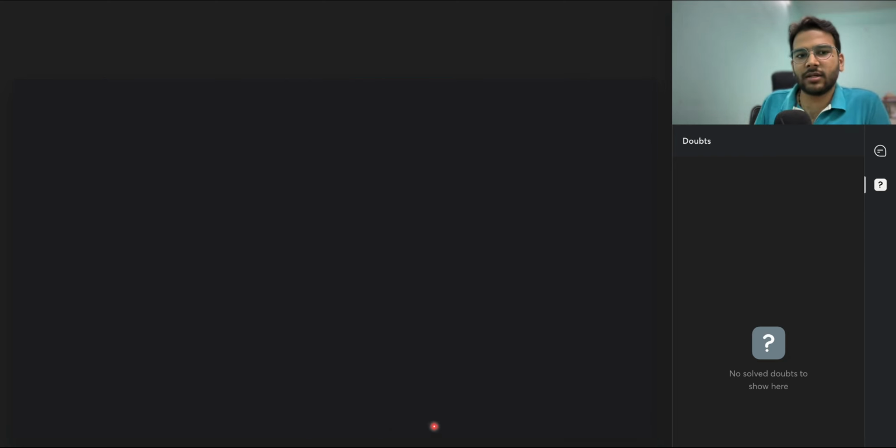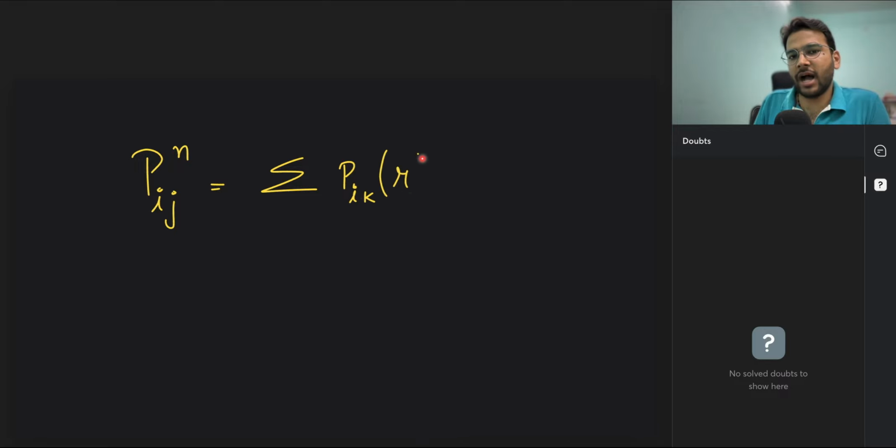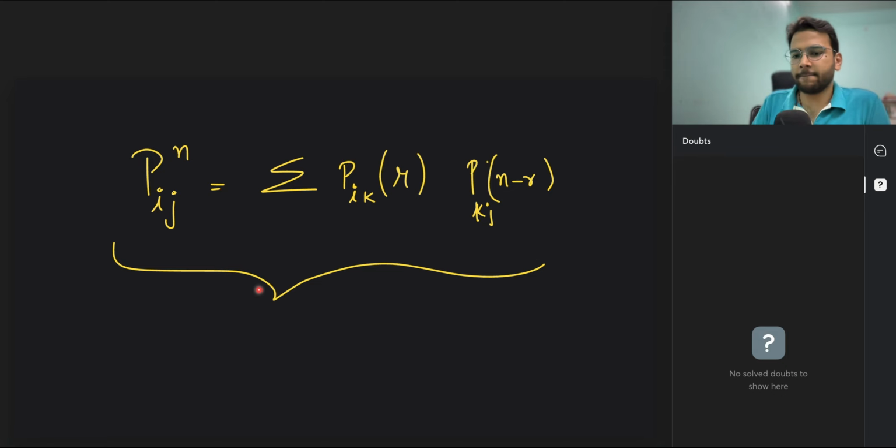Probability of ij, let's say n, is the same as writing the probability of ik, let's say you take r steps, and then the probability of kj for the remaining steps. So it's like this. Is it clear?